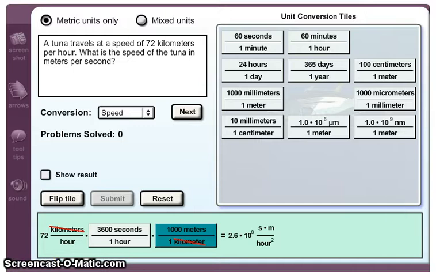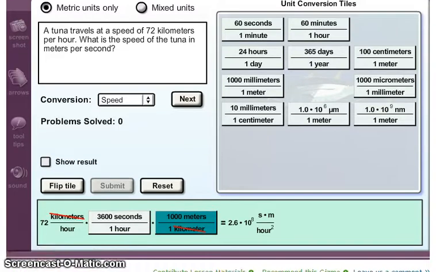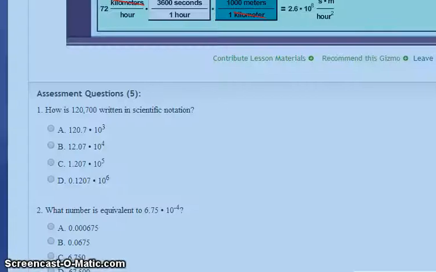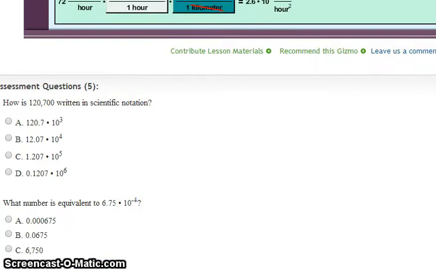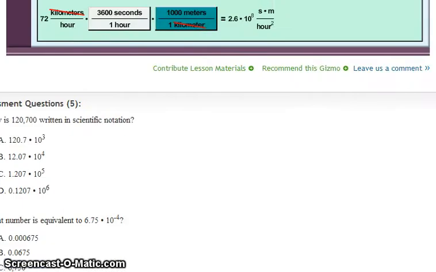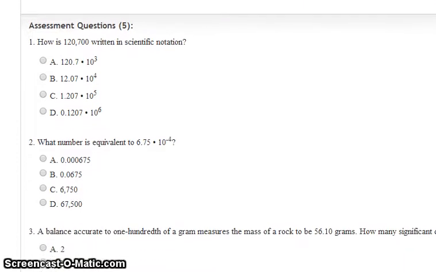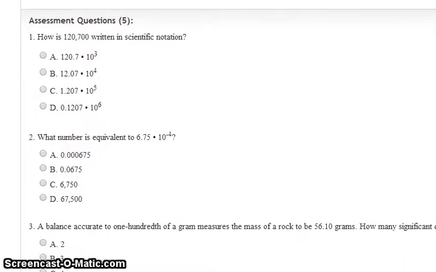All right, now that we've gone through the different Gizmos, the next thing is you have a couple of quiz questions that you're going to want to write down. Our first one here, we have 5 of them, and you can pause the video here, but here's questions 1 and 2, and then pause the video.